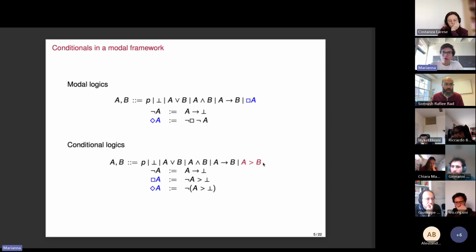So if I have a language with the conditional, I can retrieve box and diamond modalities. But of course, I cannot do vice versa. In my language with box, even if I have box and implication, I still cannot define the conditional operator. So the conditional is strictly more expressive than the box modality. So that's the idea.